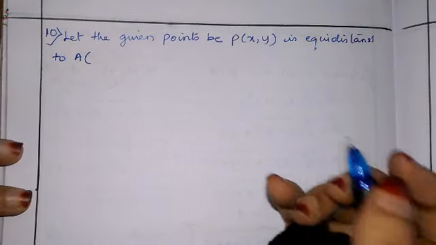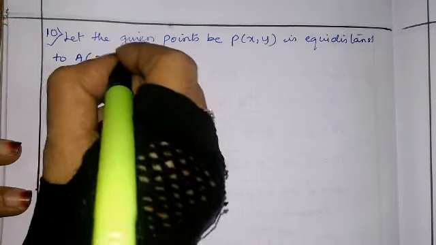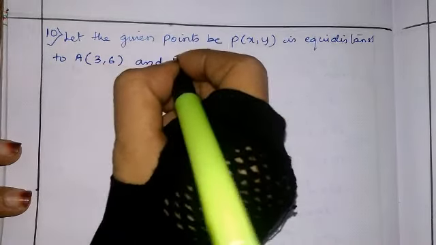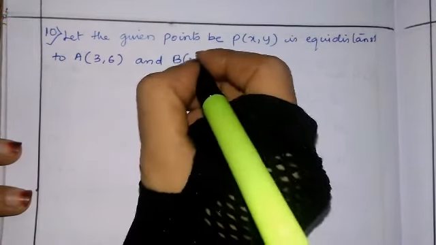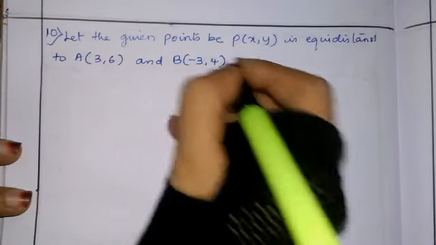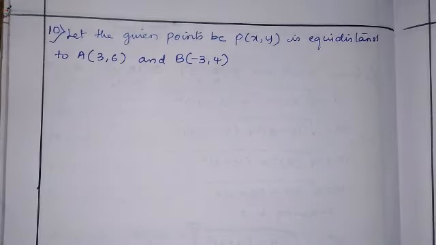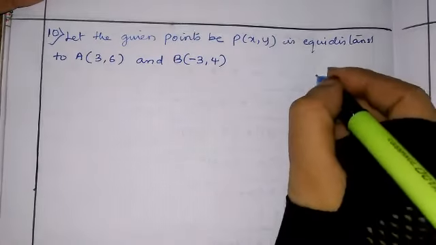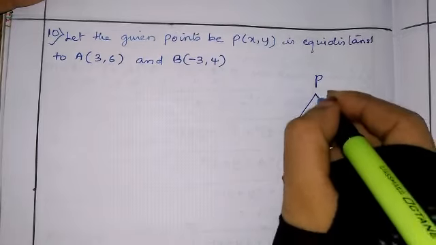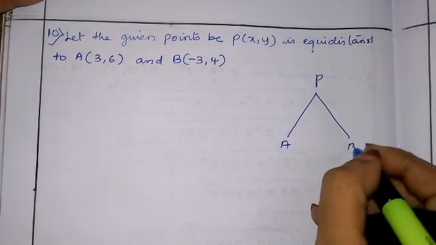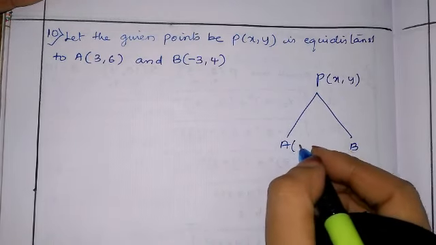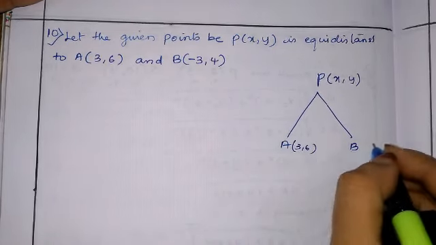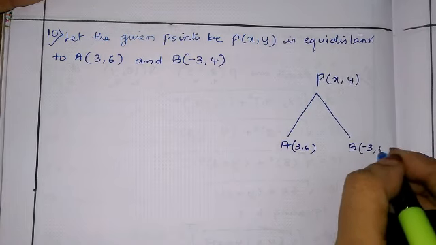Given 2 points, (3, 6), and B I'll consider one more point, (minus 3, 4). Okay, which is now exactly same like the previous problem we have done. P is equidistant to A, B. P they have given (x, y), A they have given (3, 6), B they have given (-3, 4).